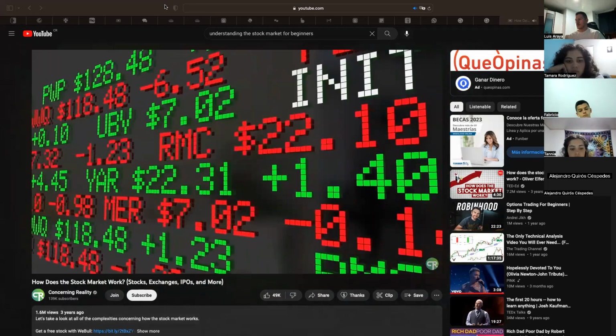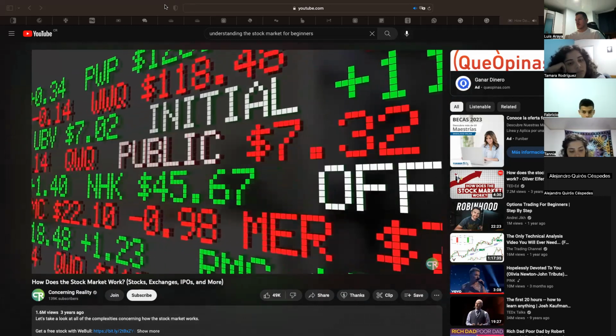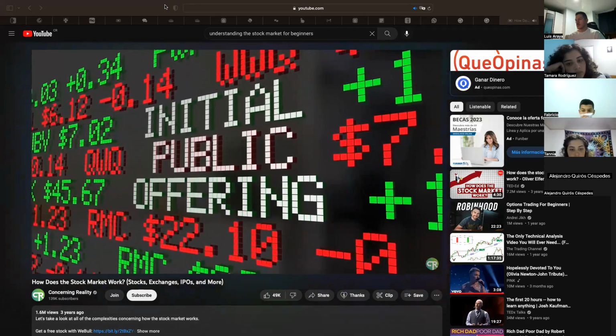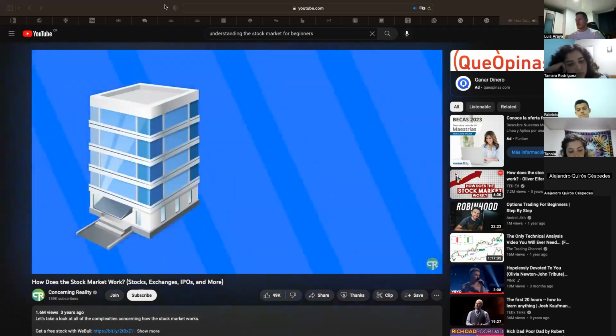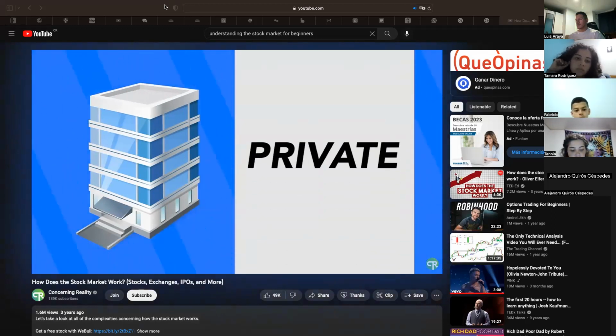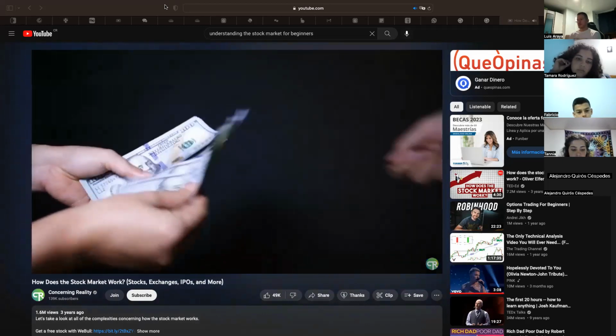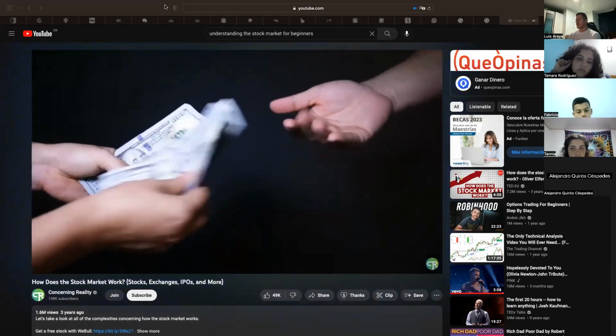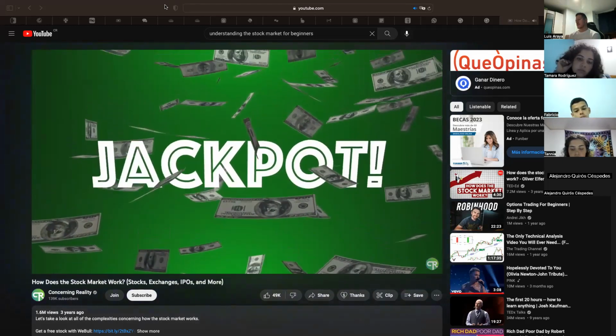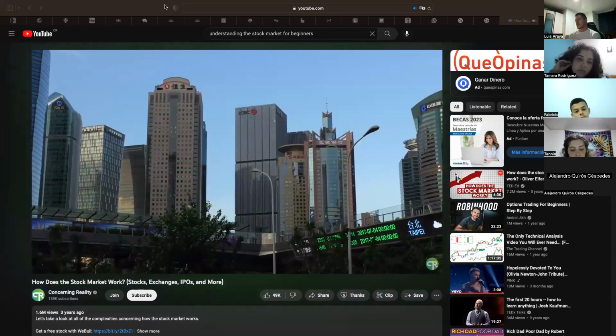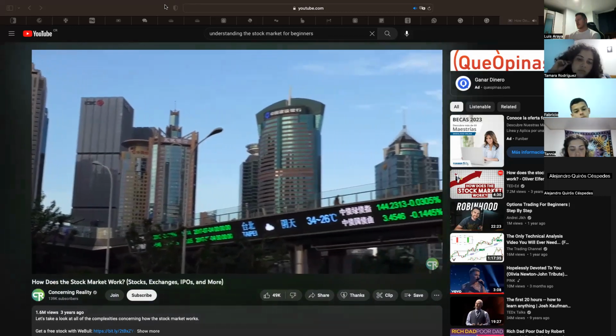Companies list shares by selling them through an initial public offering, or IPO, on an exchange. This essentially changes the status of a company from a privately held business to a publicly traded one. IPOs can let company founders cash out their stake or just let the company raise money. Once a company's stocks are listed on an exchange, the public can trade them.